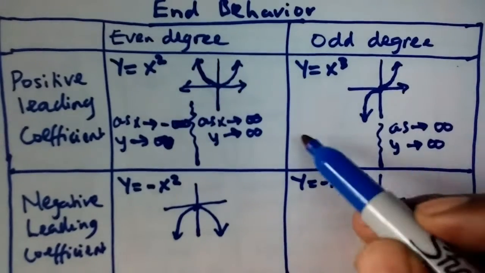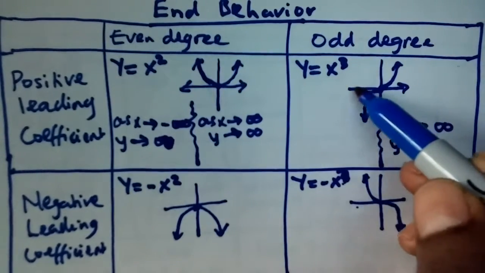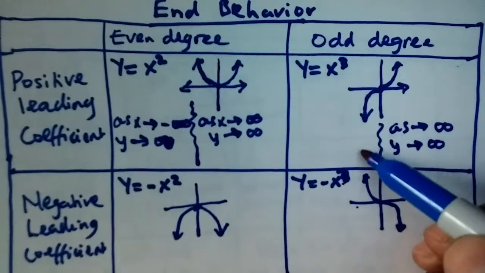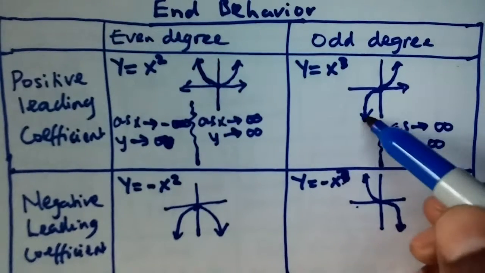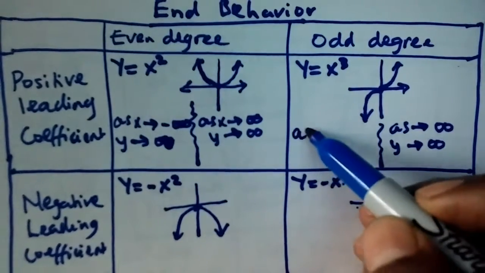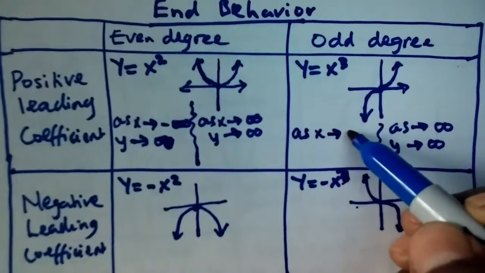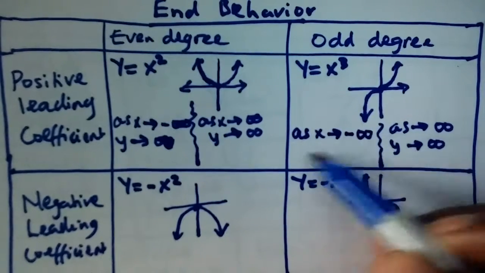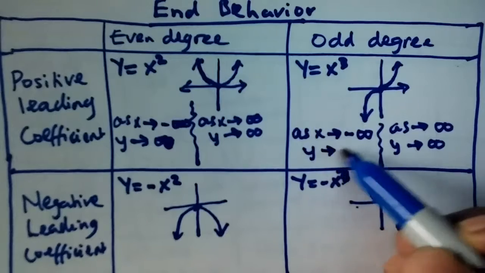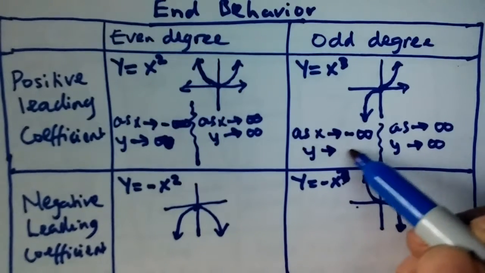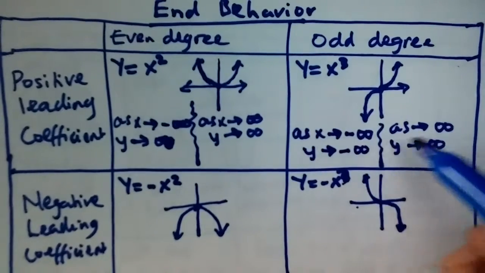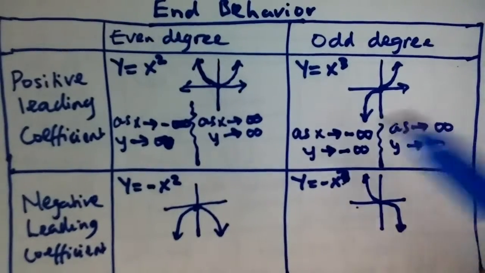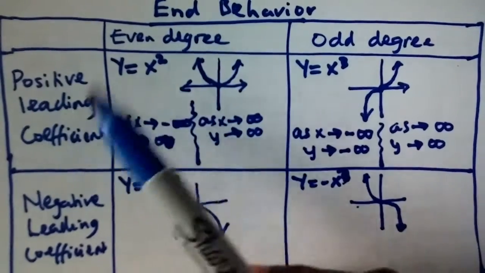On the left side, as we go toward negative infinity, the graph is growing in the opposite direction, going toward negative infinity. So as x approaches negative infinity, y approaches negative infinity as well.